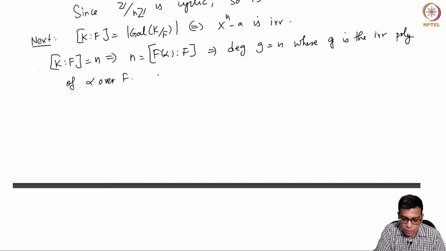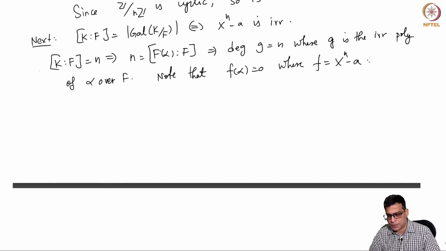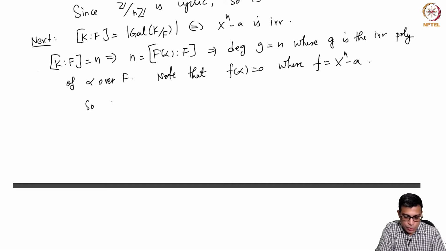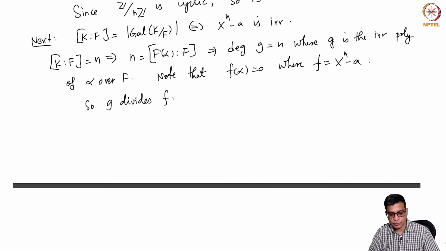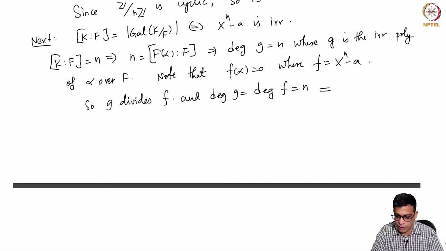On the other hand, note that f(alpha) is 0, where f is our polynomial whose splitting field we started with. So, f is x power n minus a, then f(alpha) is 0. So, g divides f. g divides f and degree g equals degree f equals n. f is already a degree n polynomial.